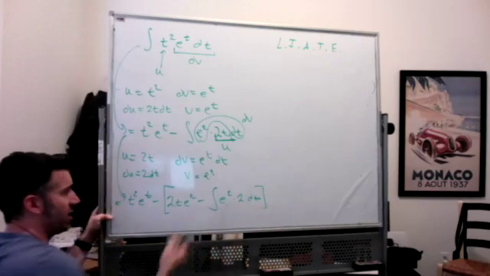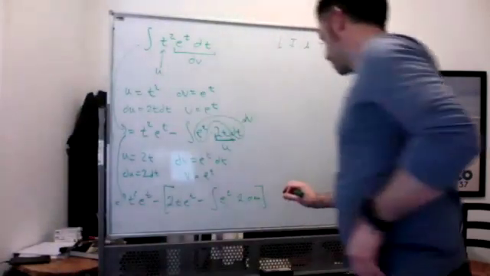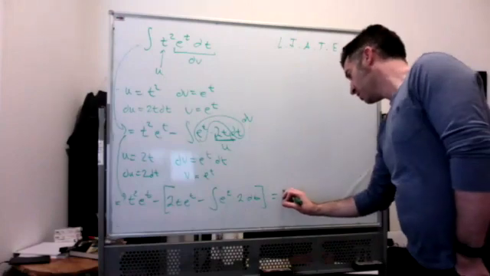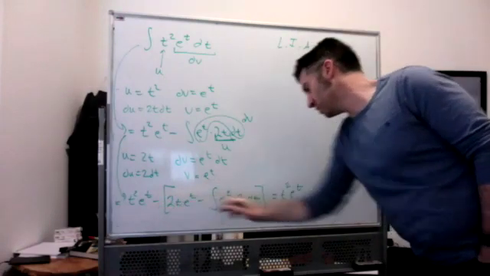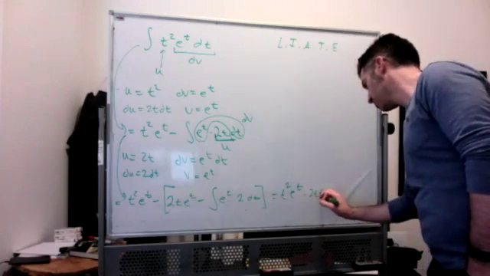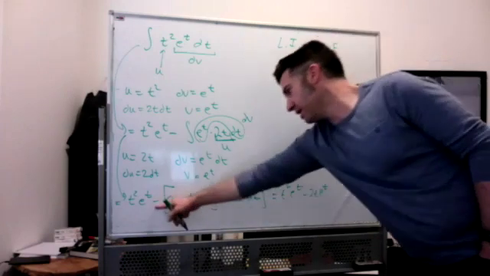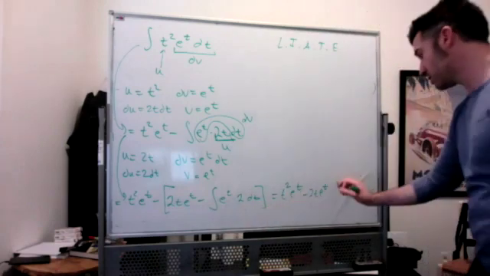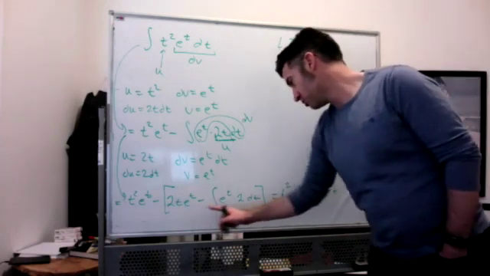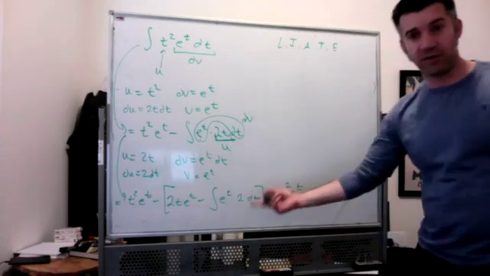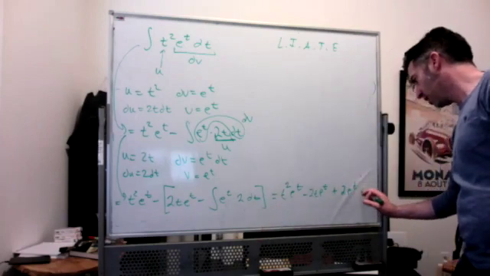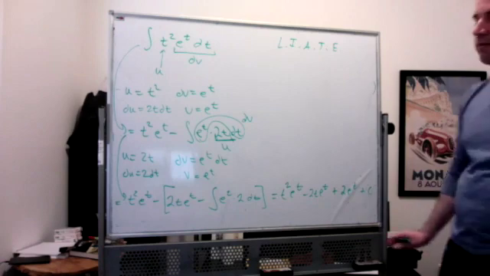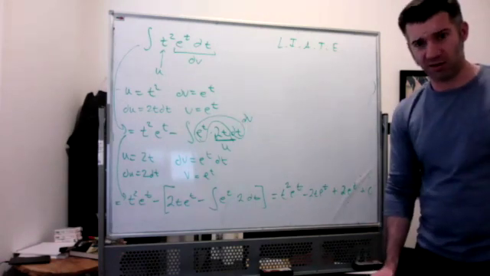But now we can integrate this, and we'll get t squared e to the t minus 2t e to the t, minus a minus is plus 2e to the t, because the integral of 2e to the t is 2e to the t, plus c. Okay, that's kind of a lot of work.